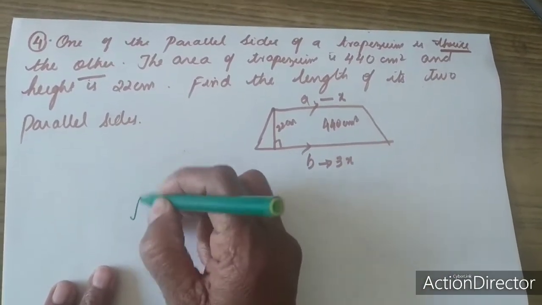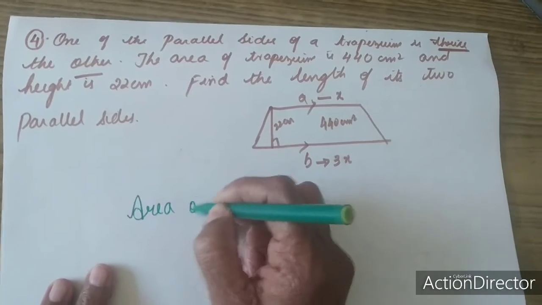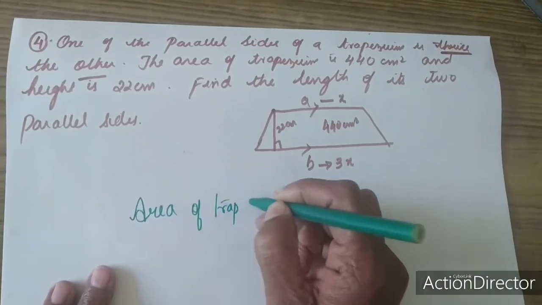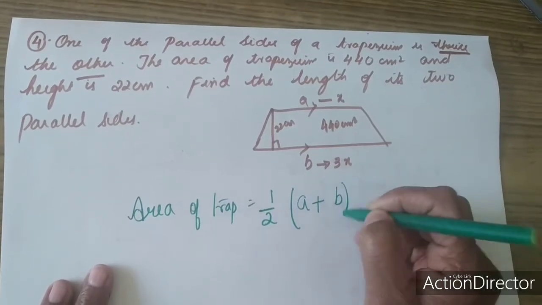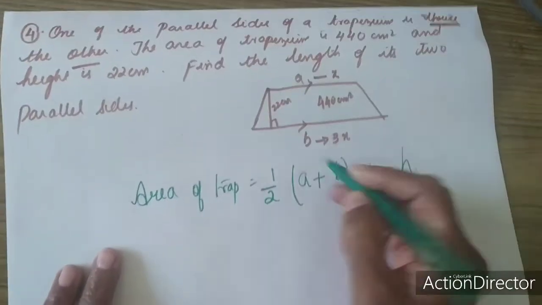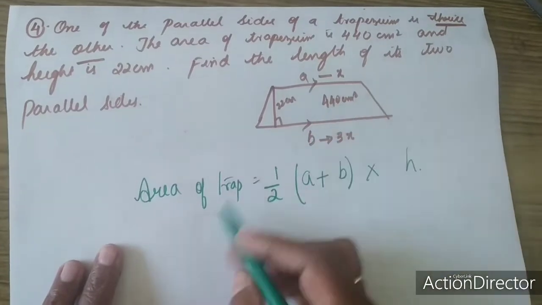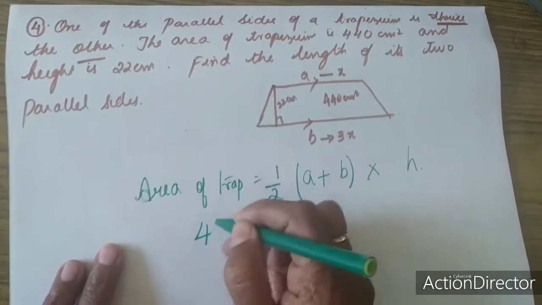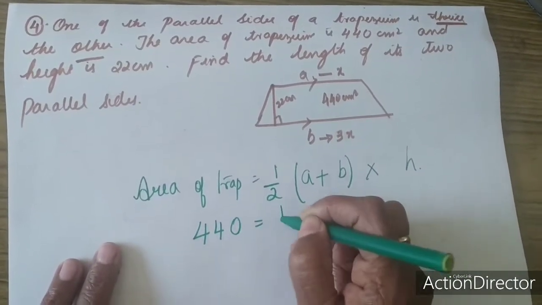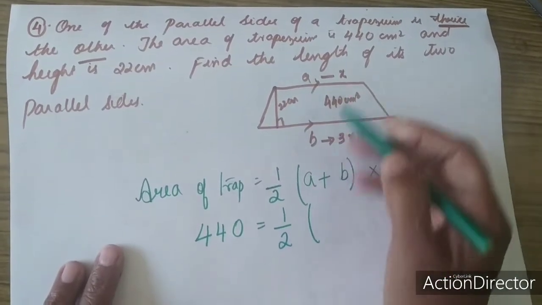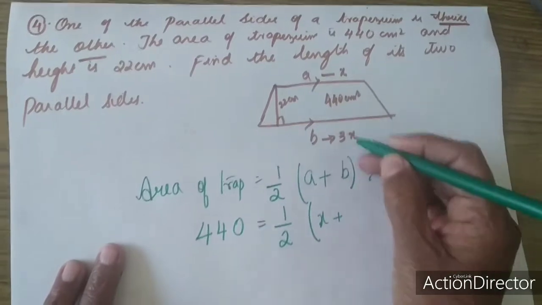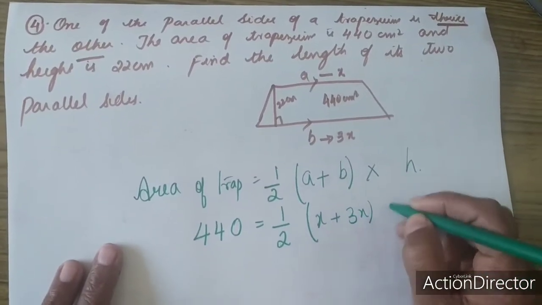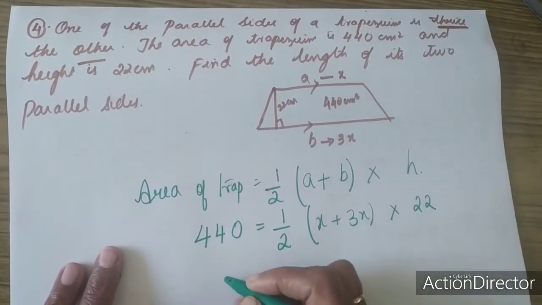So what is the area of trapezium? Area of trapezium is equal to half into sum of parallel sides, that is A plus B, into height. The area of trapezium is 440. So 440 is equal to half into A, which we are taking as X, plus B, which is 3x, into height 22.